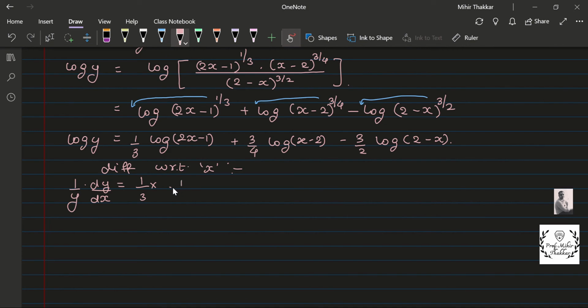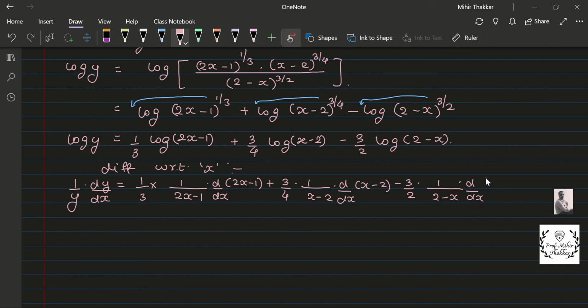So I get 1 upon (2x minus 1) into the derivative of (2x minus 1), plus 3 by 4 into 1 upon (x minus 2) into the derivative of (x minus 2), minus 3 by 2 and 1 upon (2 minus x) multiplied by the derivative of (2 minus x).